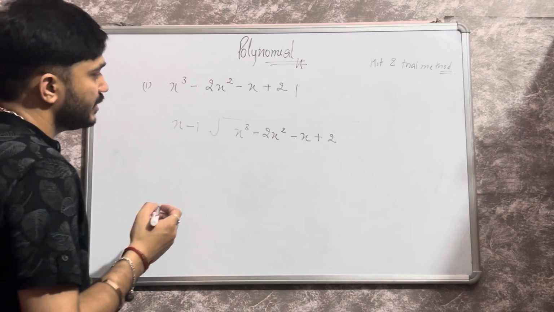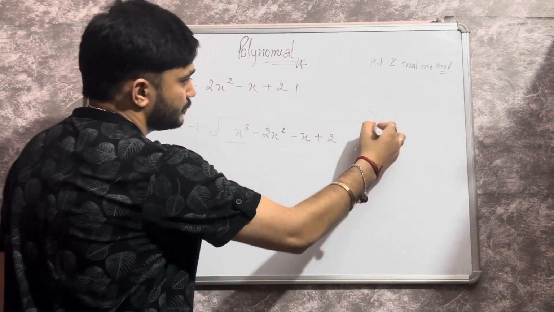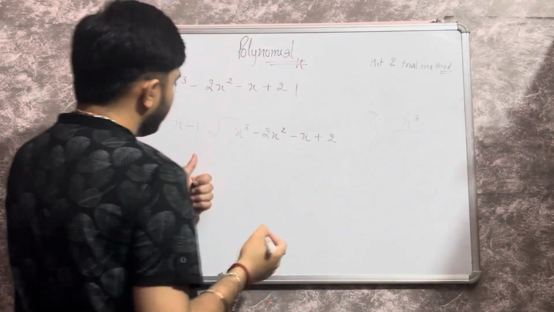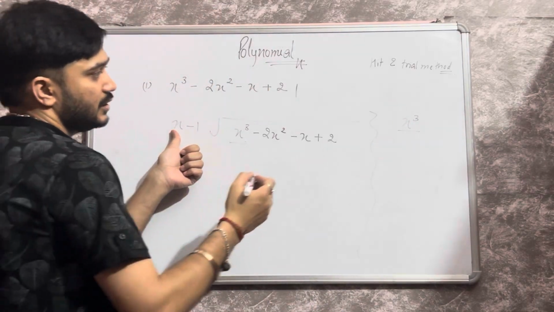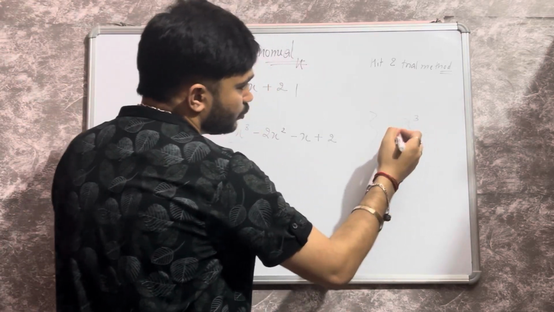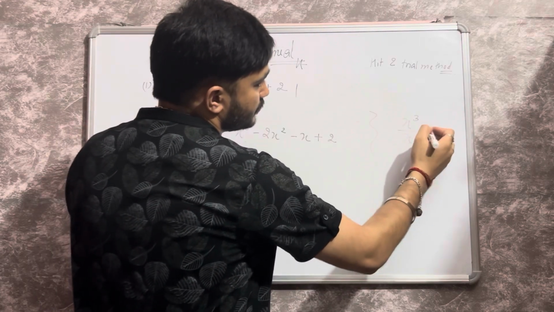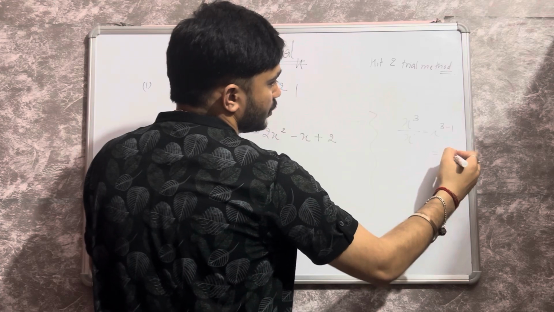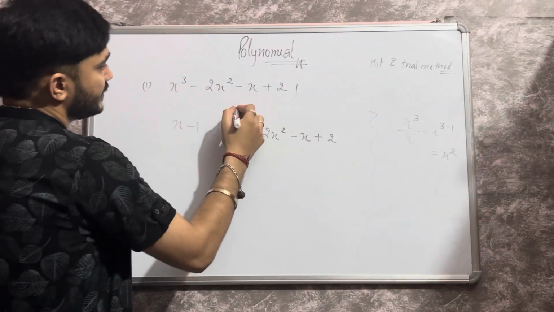How are we going to divide this? Take this first number, that is x cube, and take the first value here, that is x. Divide both the numbers and you will get, bases are same, powers are subtracted, 3 minus 1, you will get x square. Write this x square here.